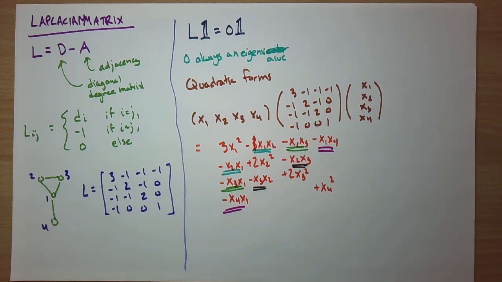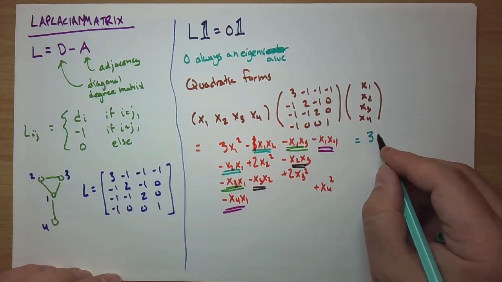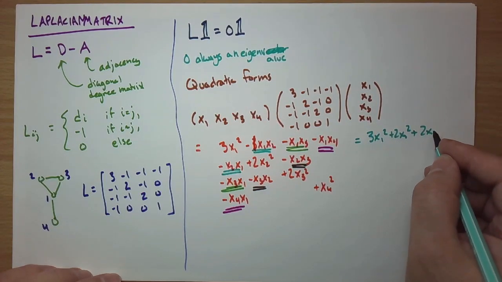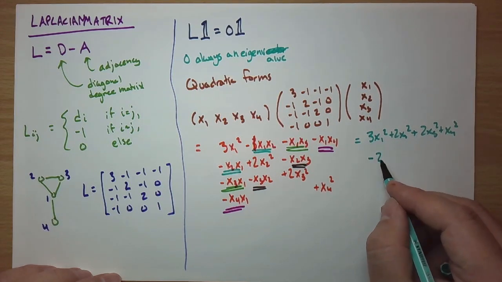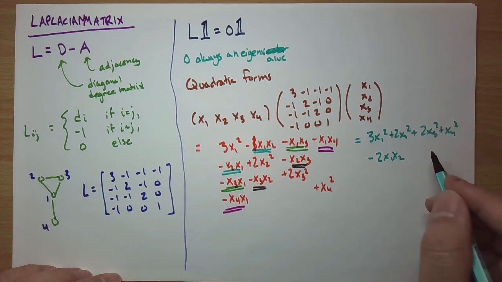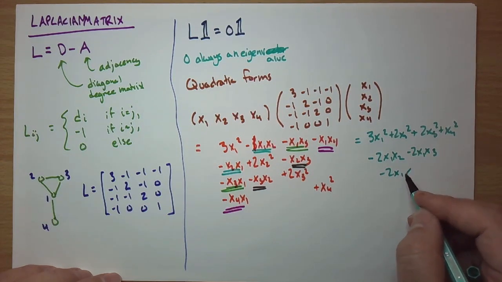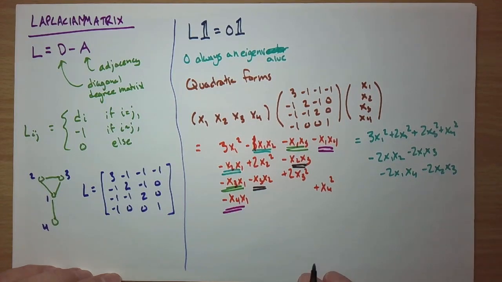So if we do that, we'd have 3x1 squared plus 2x2 squared plus 2x3 squared plus x4 squared minus 2x1 x2 minus 2x1 x3 minus 2x1 x4 minus 2x2 x3. All right, that's one way.